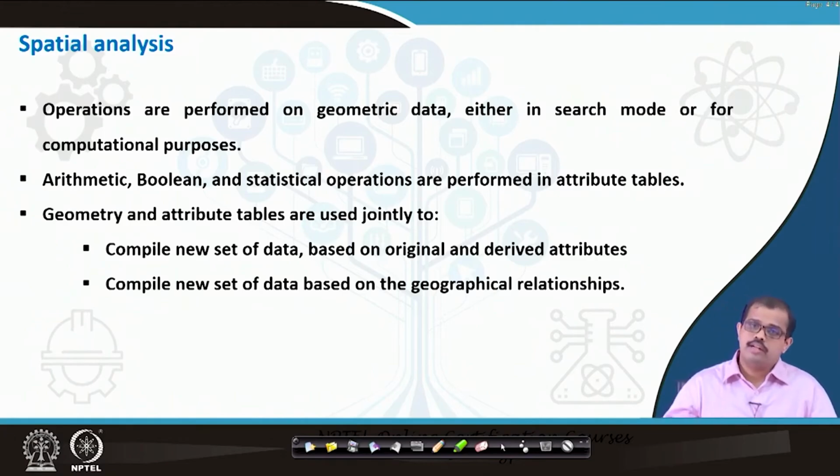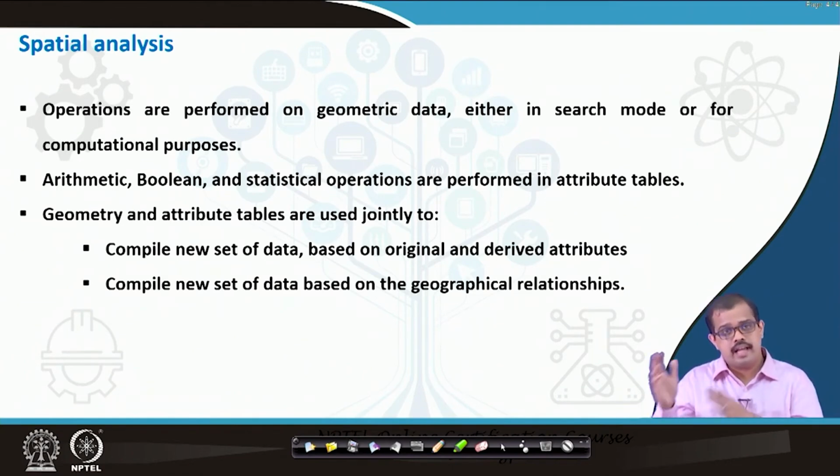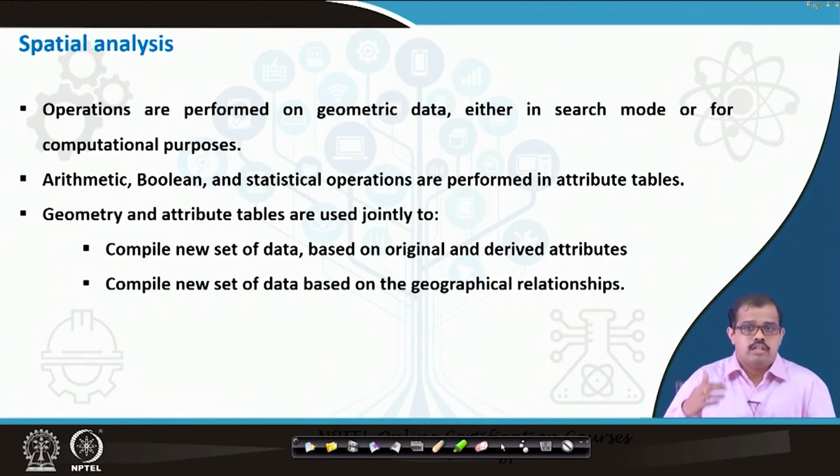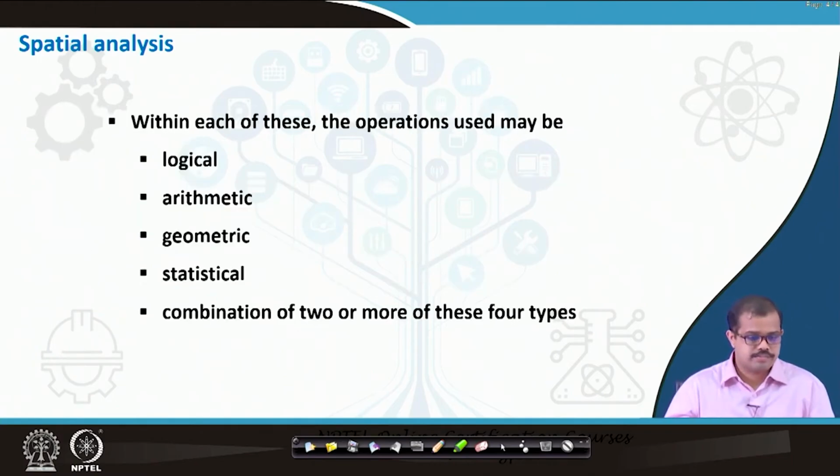Just by using the information that you have already stored, you can create a new set of outputs and reports, or use those attributes to derive more new information, and then use the same data for your analysis, as far as the attributes are concerned. Then you can compile a new set of data based on geographical relationships. What is the relationship between the geographical data? That also you can do with this spatial analysis.